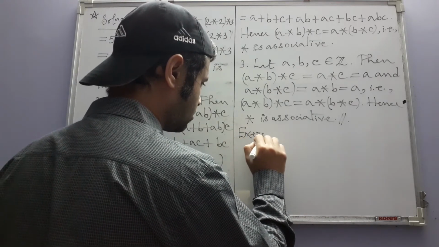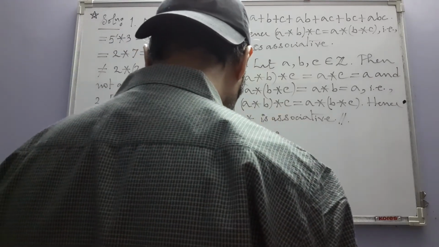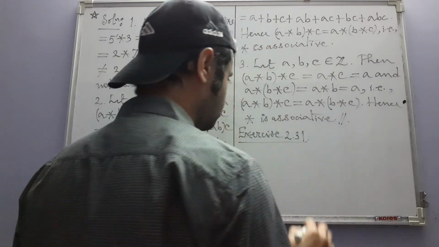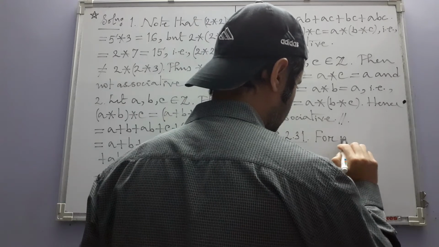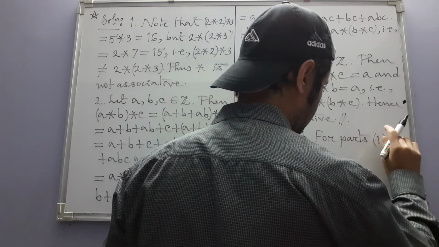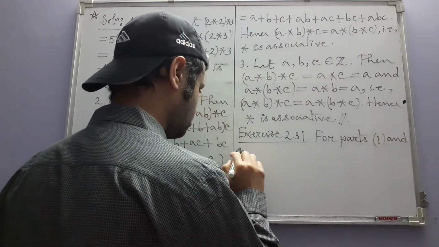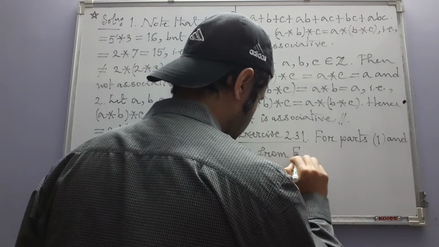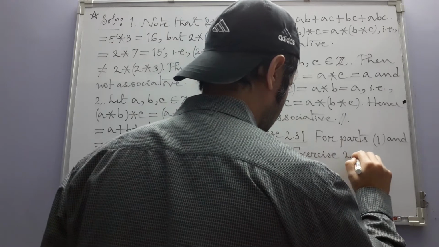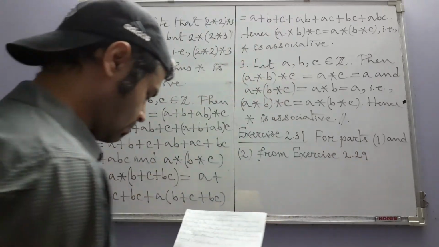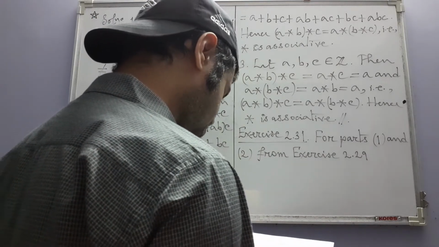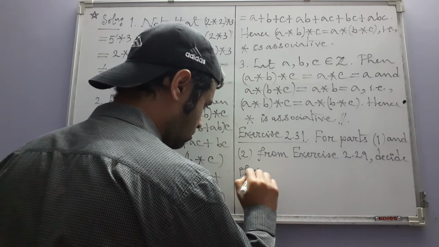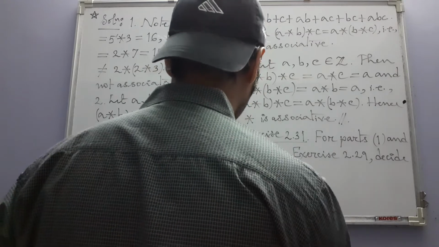Then exercise 31 for parts 1 and 2. From exercise 2.29, that means our original binary operations from the first one. Decide if star has an identity.